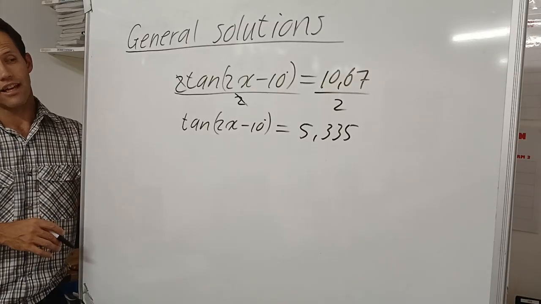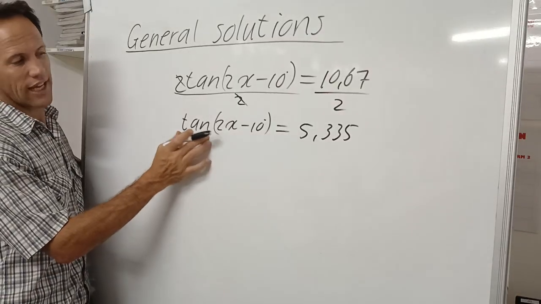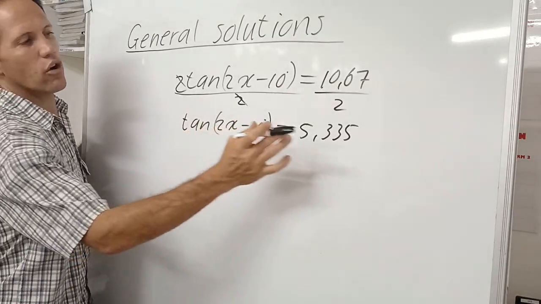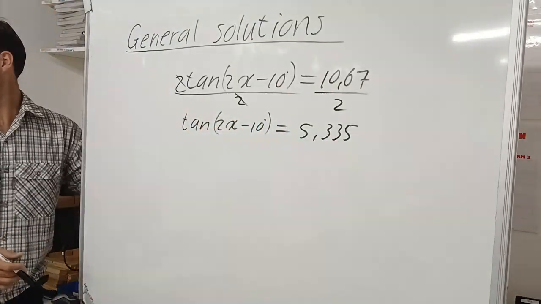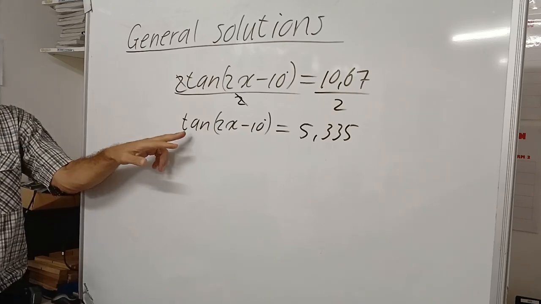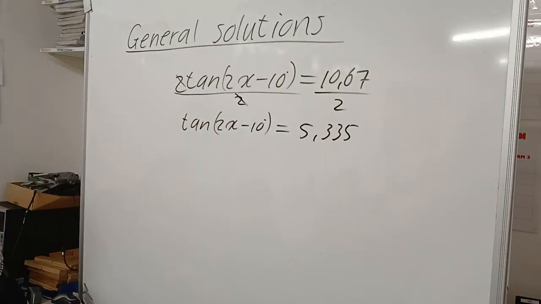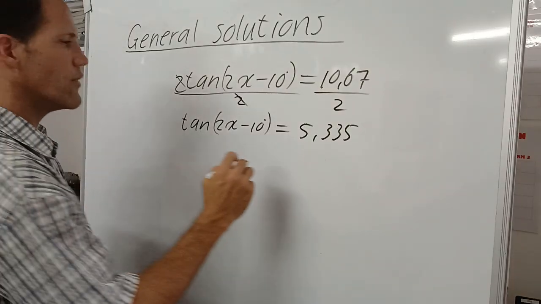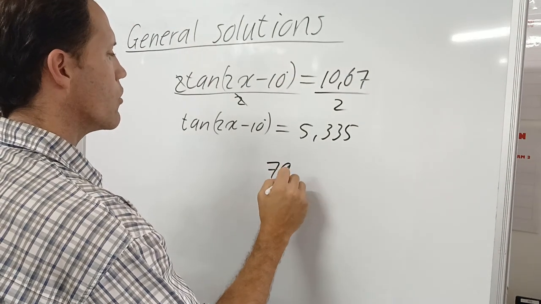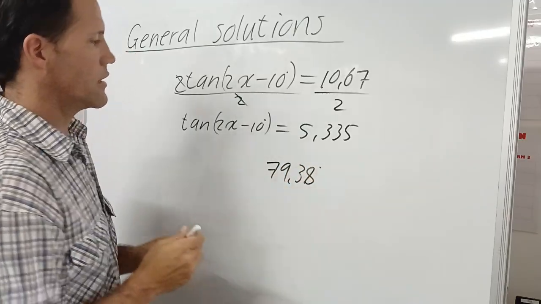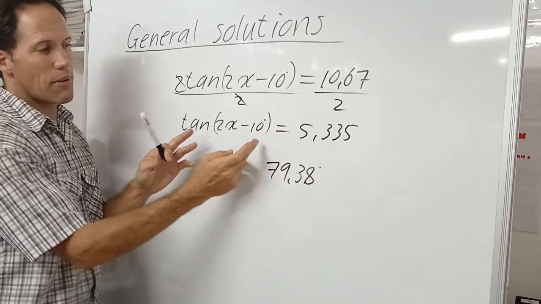Now the second step is to take shift tan, or second function tan, of 5,335. Put it on the calculator. Shift tan 5,335. What does that give you? 79,38 degrees. Okay, so when you check tan, now remember this is your angle.